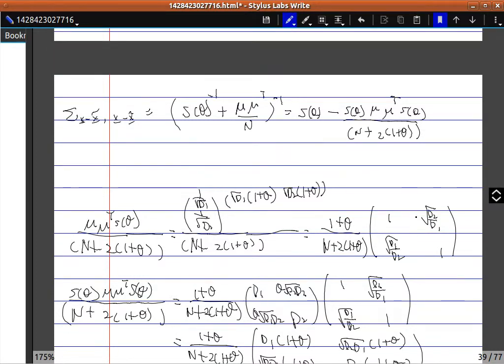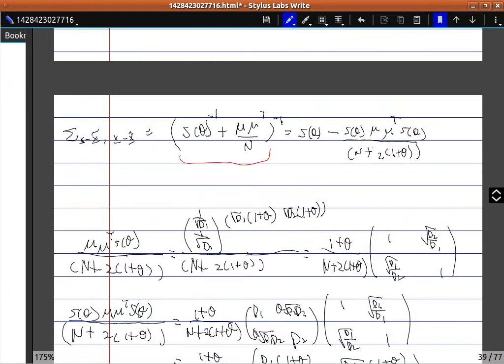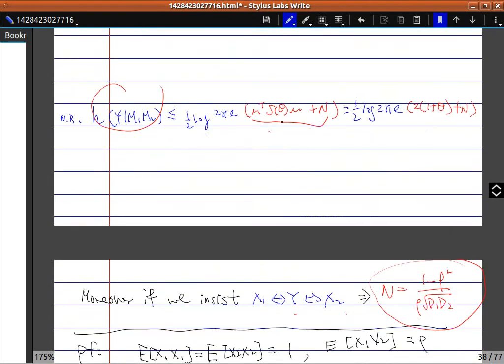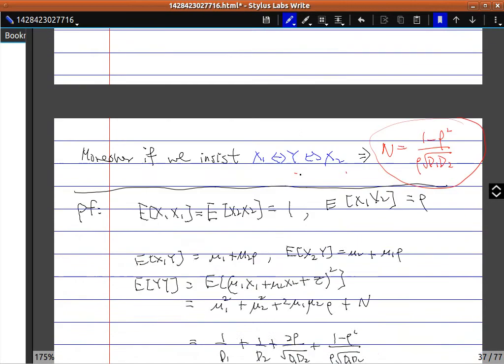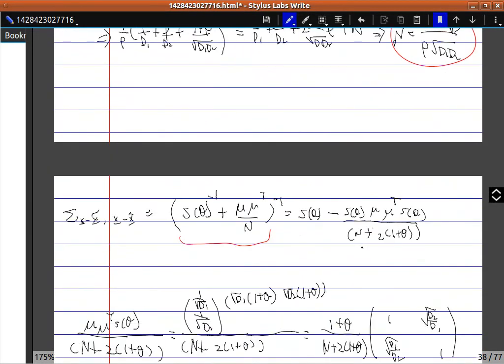So with those choices, we can continue to simplify this expression here. As earlier, we used this matrix inversion formula, and then we simplify mu transpose S theta mu plus n as n plus 2 times 1 plus theta.